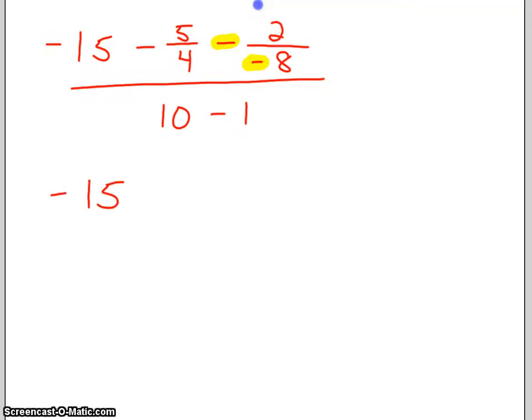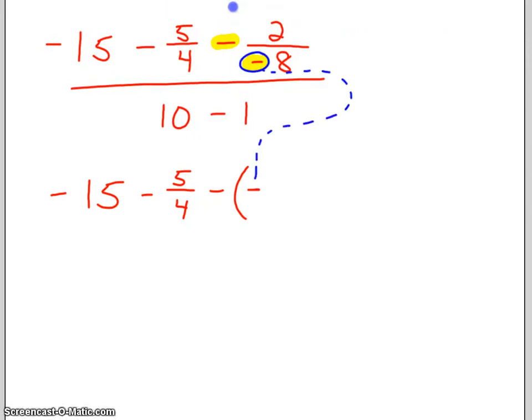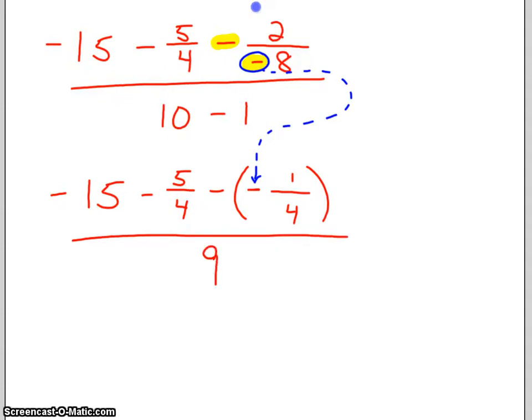So negative 15 minus 5/4 minus, now see this negative, I just used this negative right here and put it in front now of the fraction. And 2/8 simplifies to 1/4. 10 minus 1 is 9.